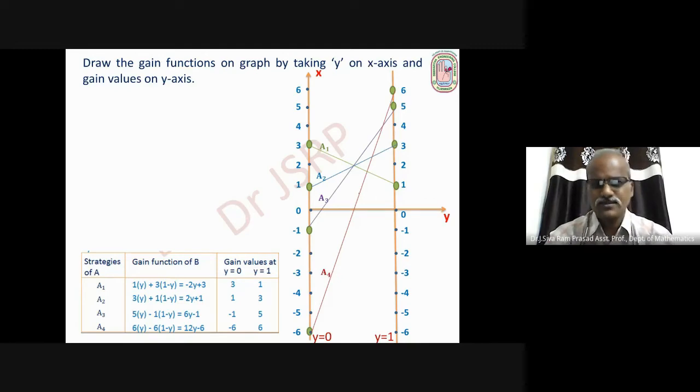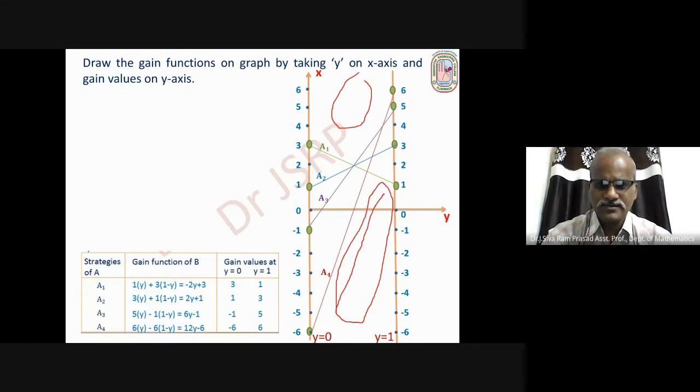Now, in this graph, we have two regions. This is the upper region and this is the lower region. For an m by 2 game, we consider the upper region. For a 2 by n game, we consider the lower region. In the upper region, first identify the boundary.